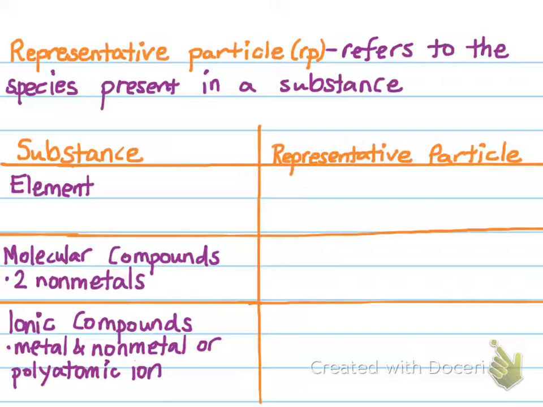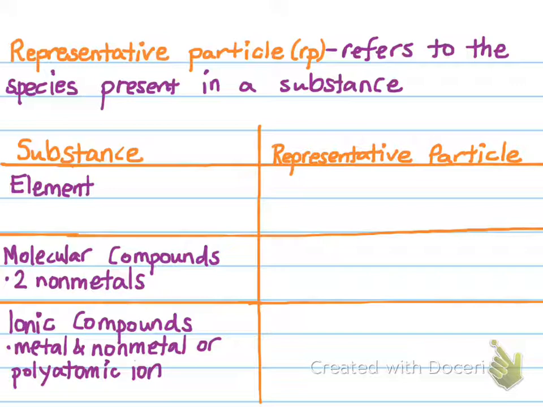Everything to the left and below that heavy stair-step line is a metal. Polyatomic ions, remember there are the 10 of them you have memorized. And you should have a sheet that has those 10 listed on it somewhere. And then you also have that helper sheet, okay, that in the middle of it, remember, it has a bunch of polyatomic ions on it for you. Okay, so our three substances are an element, a molecular compound, and an ionic compound.